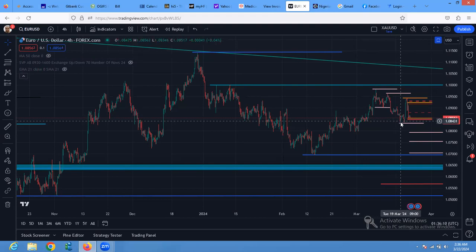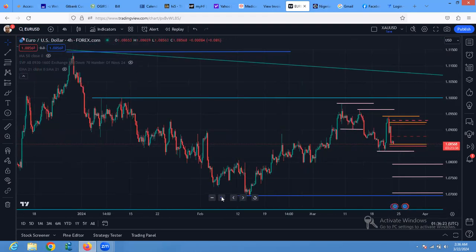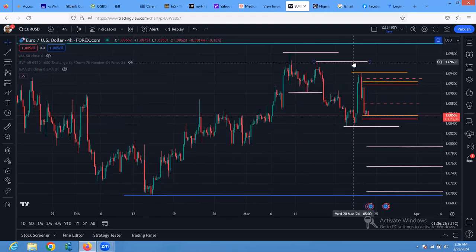An ABC at 161.8. And the only thing that will make me think that the price is going to be back up, which I doubt, I think we are aiming to break low, is if we take this primary B here. Once we break it to the upside, then we are good to go back up again.